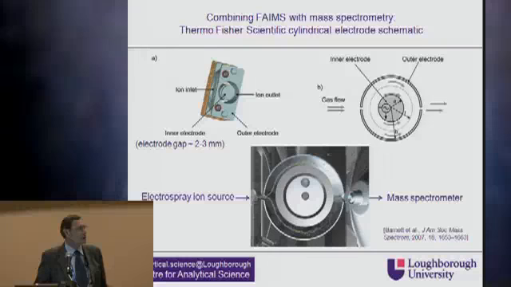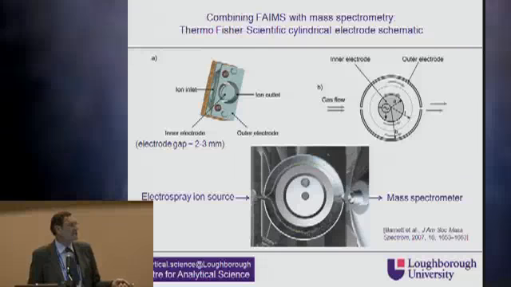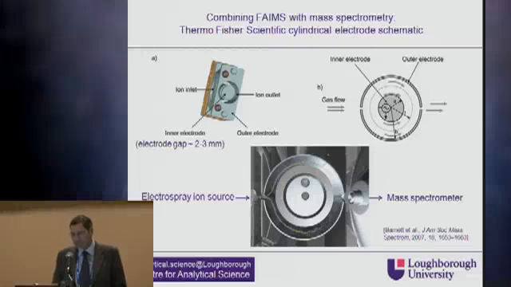So the ions from our ion source, in this case electrospray, pass around the annulus between the inner and the outer electrodes where the asymmetric waveform is applied, and they undergo their ion mobility or FAIMS separation there, and ions which traverse the electrodes will exit at this end along here to a detector, or in this case a mass spectrometer. In these cylindrical electrode devices, the electrode gap is perhaps around 2 to 3 millimeters and a few centimeters across the whole device.